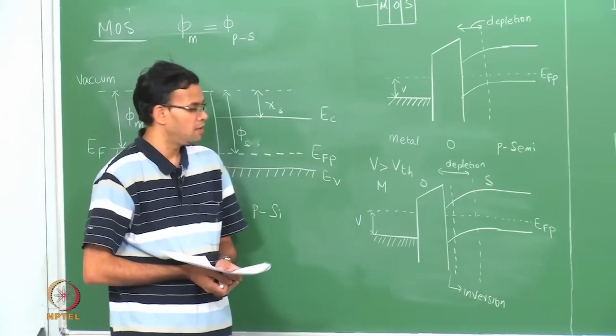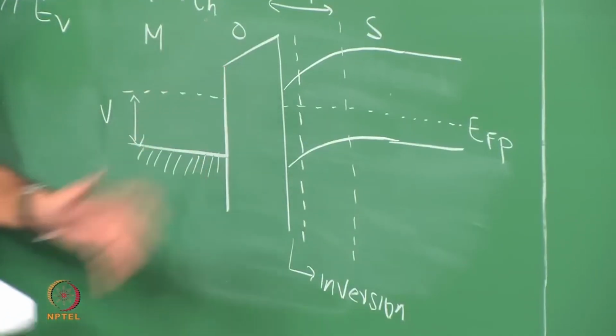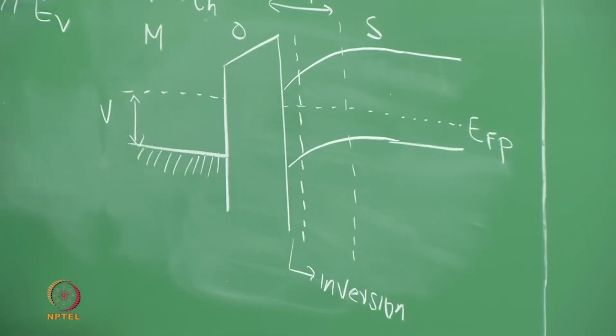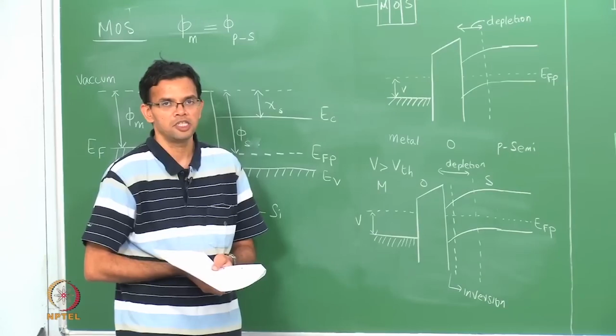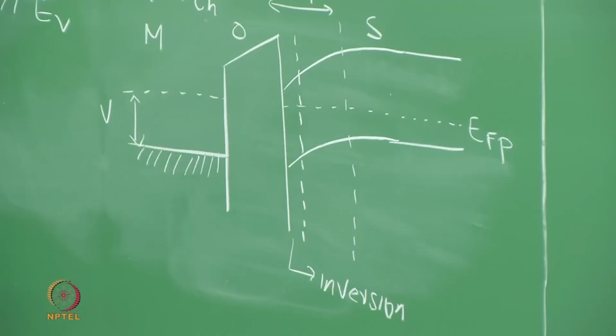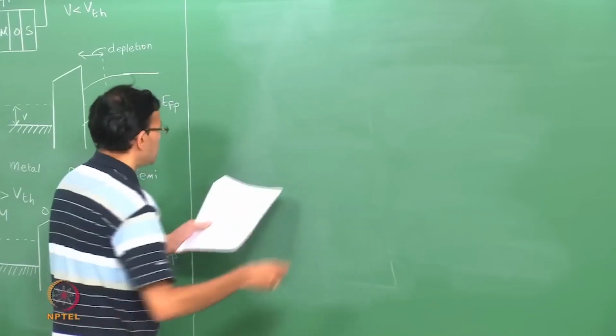form an n channel. So, let us look more closely at the semiconductor side, so we can put in some of these potentials and use it to calculate the width of the depletion and the inversion regions. So, we will look only at the semiconductor side of the junction.